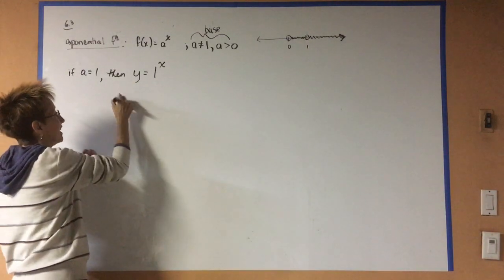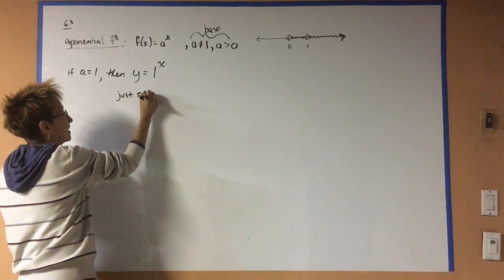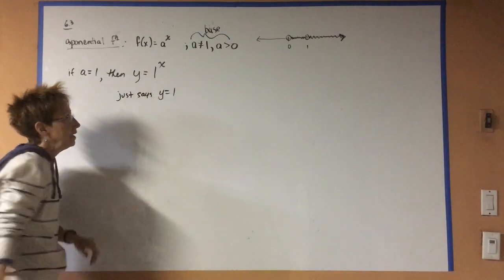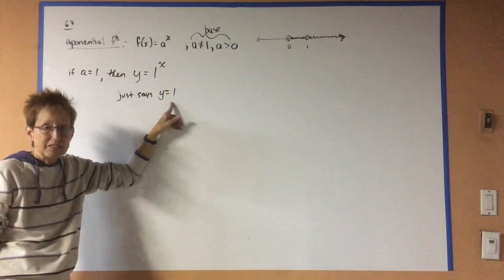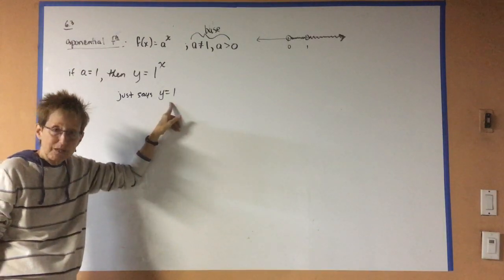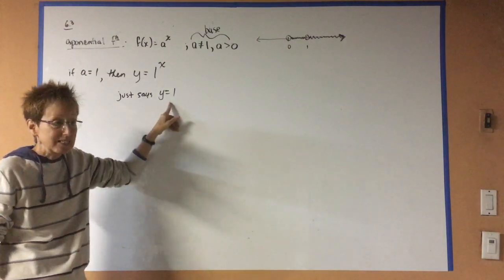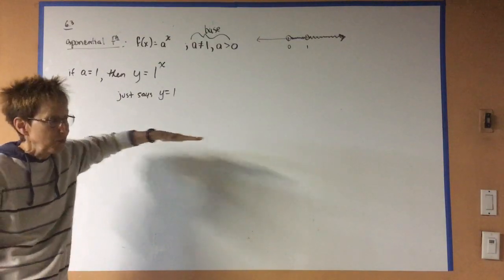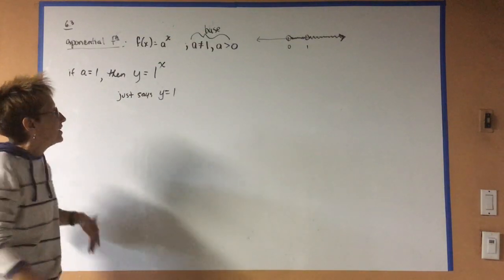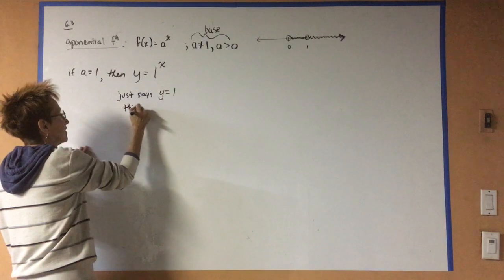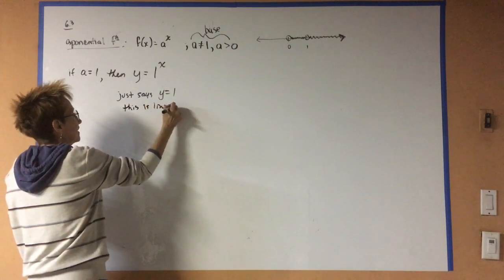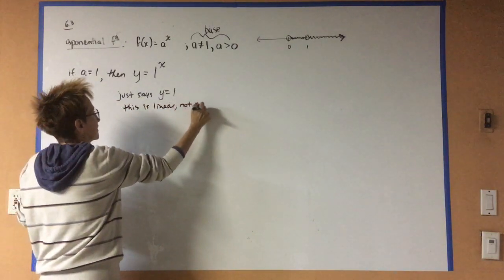So this just says y equals 1. This is not an exponential function. This is actually what? This is linear, right? This is the horizontal line where y is equal to 1. So this is linear, not exponential.